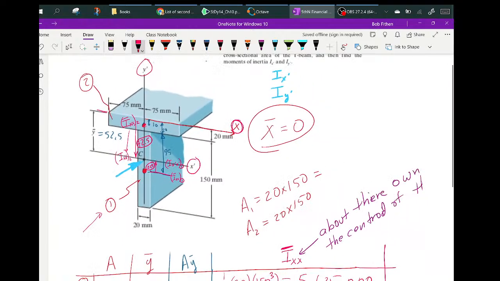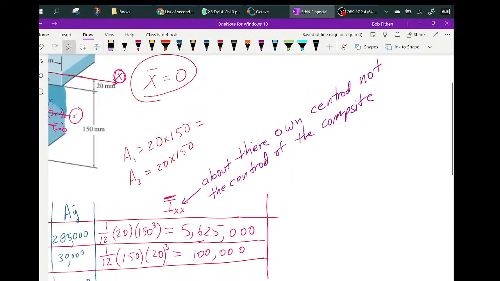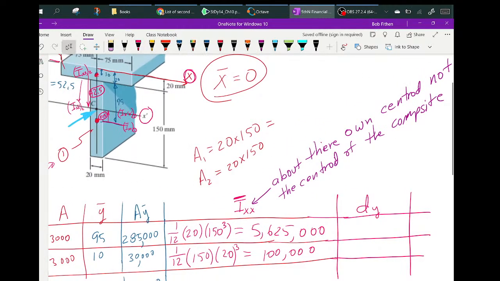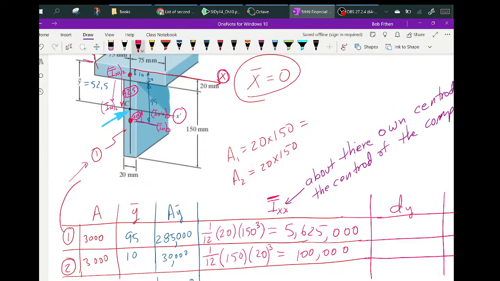Those are dy's, and I need to move, okay, I'm making it a little too big. I need to move 22.5 to get to this axis right there. So it's 22.5.